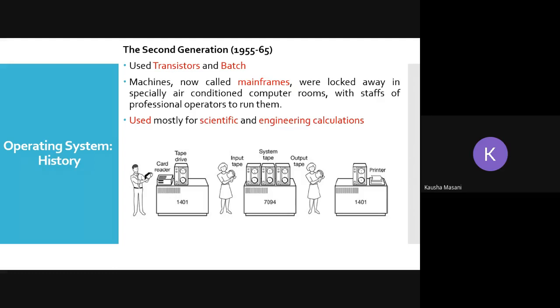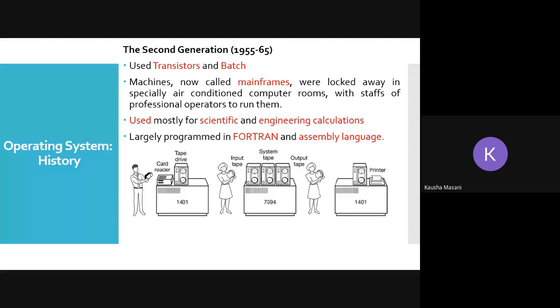And what were these used for? Basically for scientific and engineering calculations only. Nothing else. Just for scientific and engineering calculations, these second generation computer systems were getting the jobs. Clear till here, everybody? One more thing.